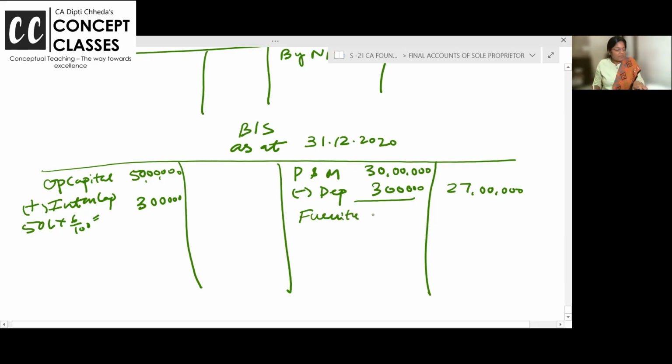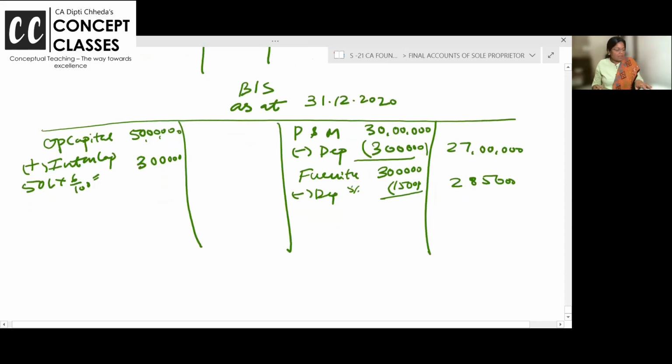Furniture is already 3 lakh. Depreciated 5%, $2,85,000. After that, your provision for doubtful debts is there.